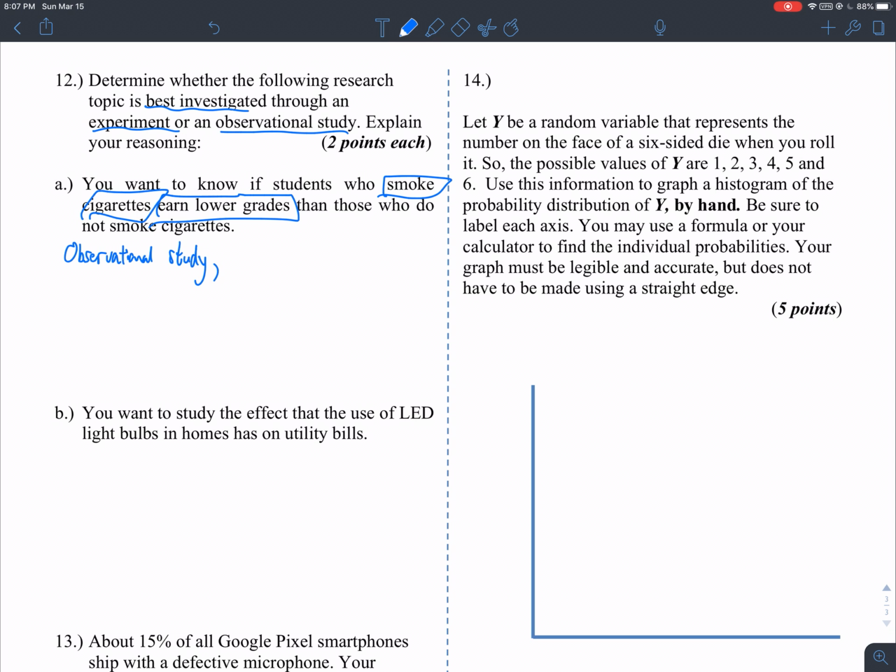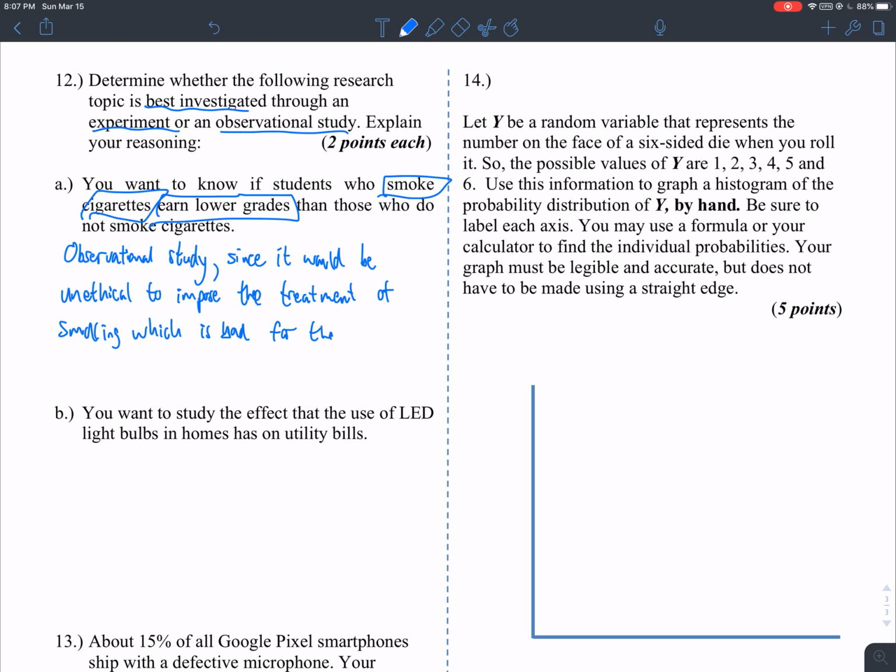You know what I'm saying? So, it's unethical. So you say, since it would be unethical to impose the treatment of smoking, which is bad for the students' health.